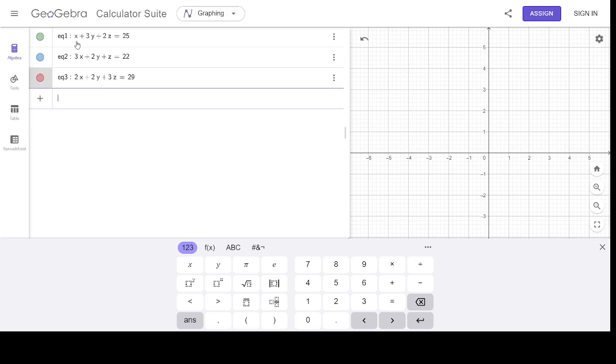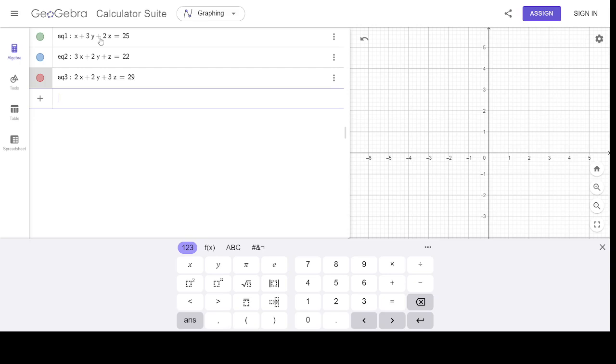Given these equations, the first thing we can do is isolate x from the first equation. It's easy from the first equation to isolate x without having fractions. So that's where to start from.